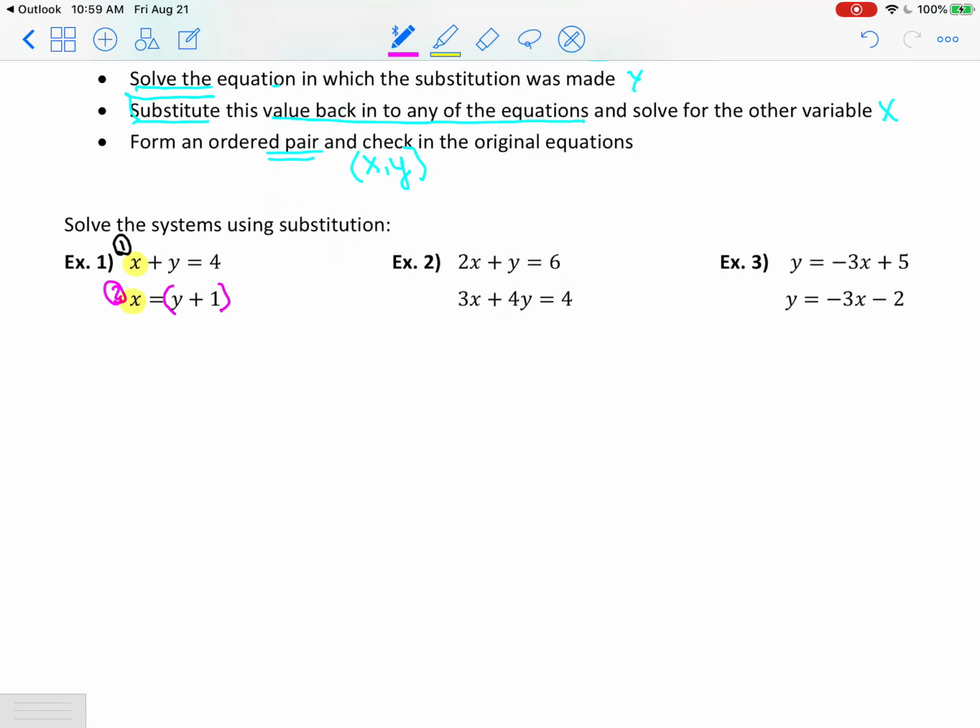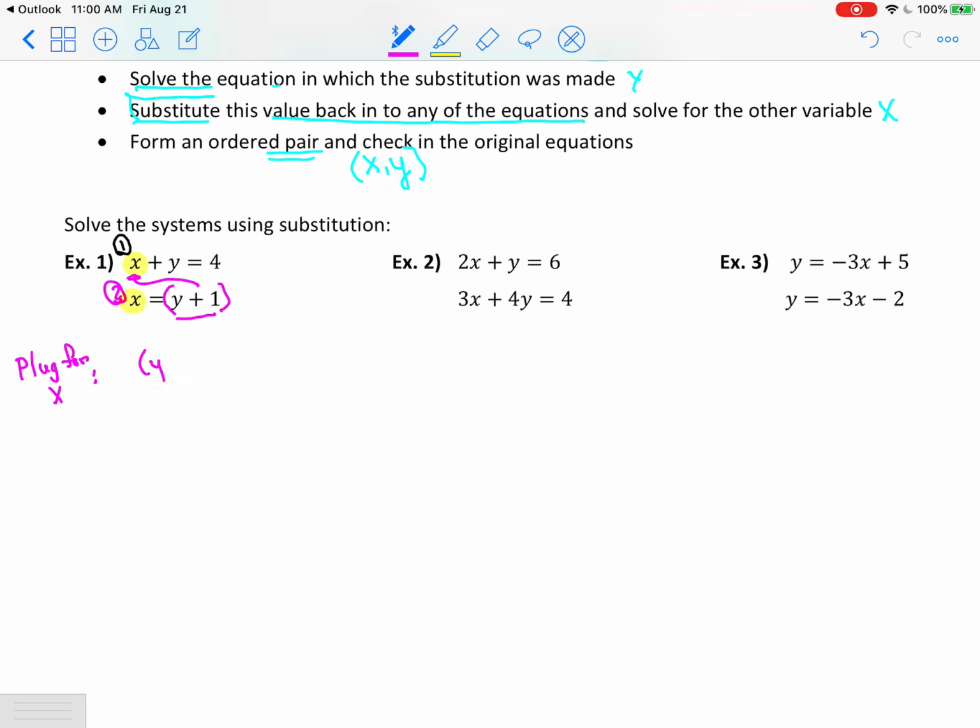So we can just take this value, y plus 1, and plug it into that first equation where we have that x. Okay, so this is what we're going to do here. So first of all, we're going to plug it in for our x.